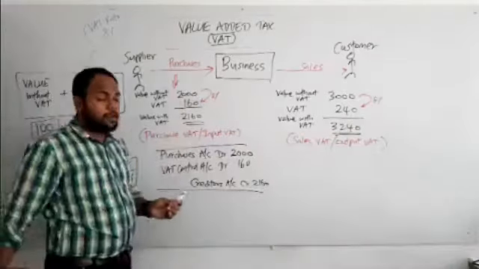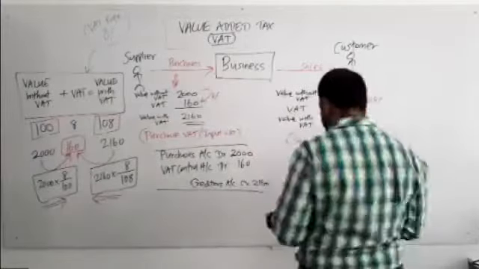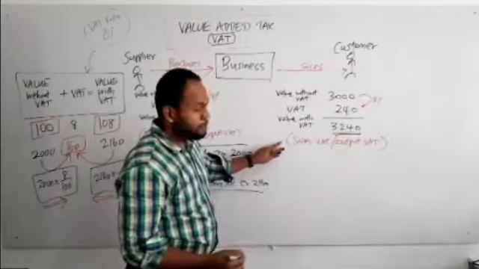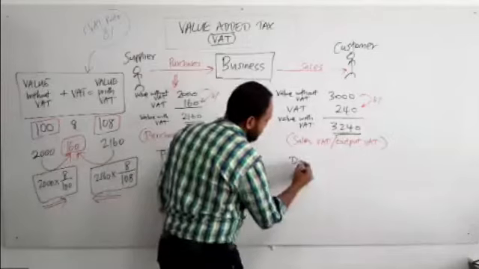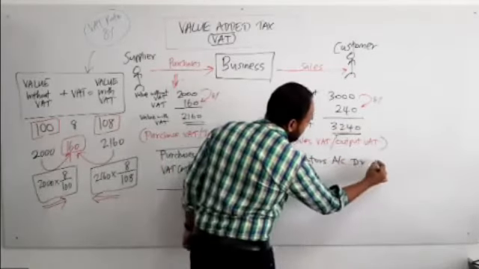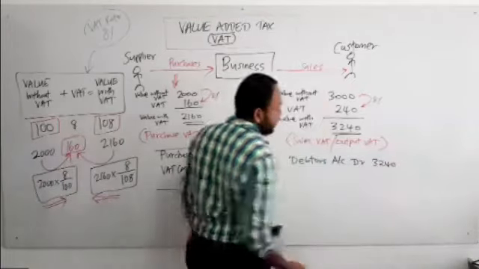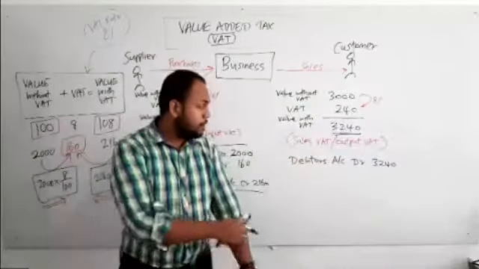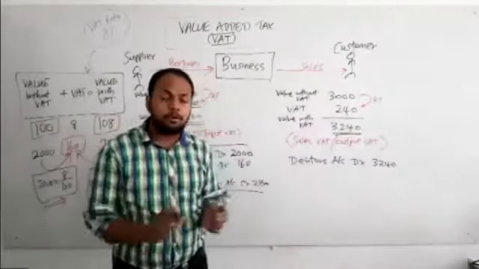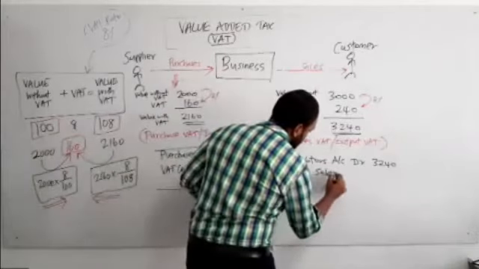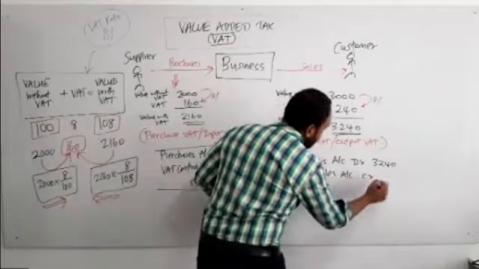Then, if we do the sales, the customer becomes a debtor. Debtors account debit the total amount we are receiving from the debtors, 3240. And the sales account will be credited.